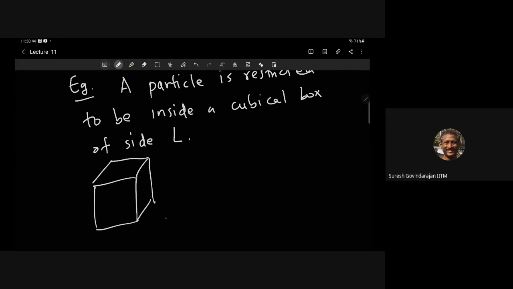We can be clever and choose the axes to be parallel to the edges. But now there are constraints. So let's look at the x coordinate. What is the constraint on the x coordinate? Let's say x belongs to the inside of the box.